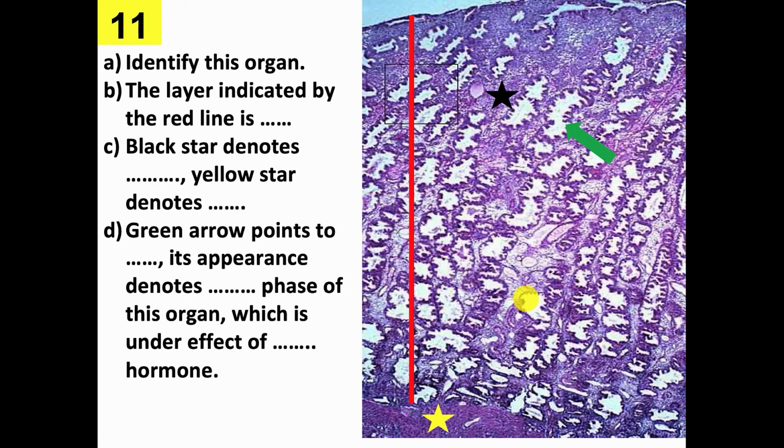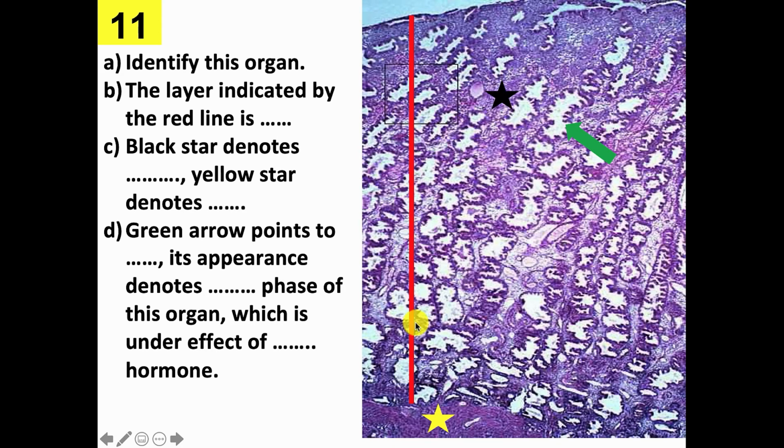Notice also the presence of blood vessels in the muscle layer, which is very characteristic for the uterus. Here we will see, identify the organ. Also, we have noticed the presence of the endometrial glands, so this is the uterus. The layer indicated by the red line is the endometrium. The black star denotes the stroma. Here it is the uterine stroma, or endometrial stroma, connective tissue which will contain stromal cells.